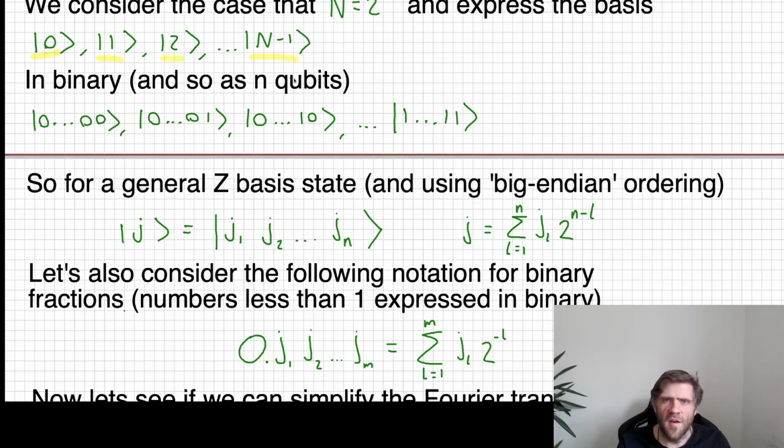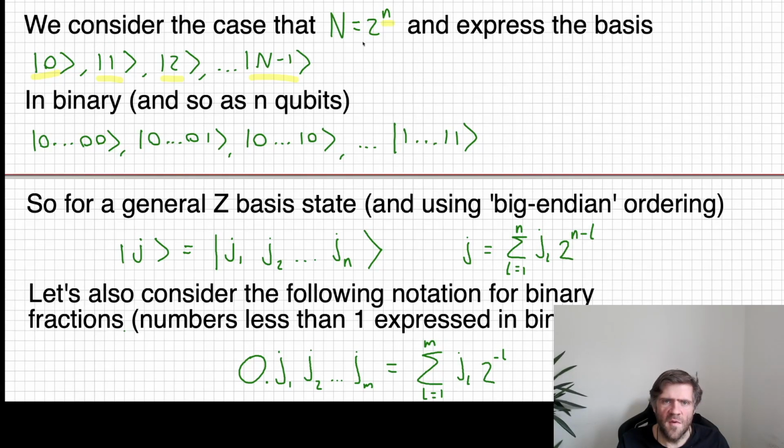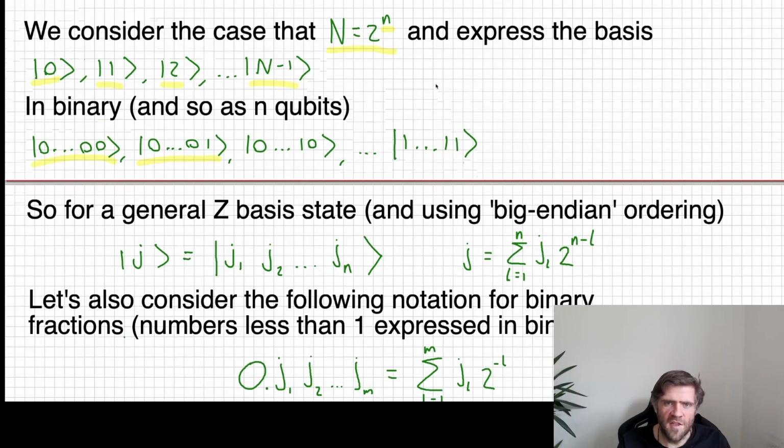So we go all the way up to having N of these basis vectors, and these are represented in binary on some sufficient number of qubits. So we use little n qubits such that N equals 2 to the n, so we're getting enough basis states, and so 0 is encoded as the state with all the zeros, 1 as mostly zeros but then a 1, and so on and so forth. So this is what these states mean.